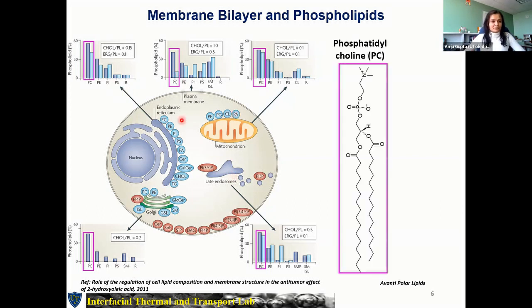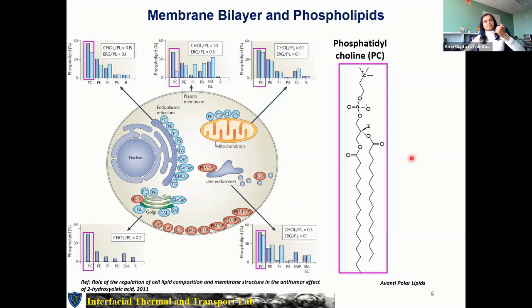Let's take a look at the plasma membrane. Based on this bar graph, the plasma membrane comprises PC. PC is phosphatidylcholine lipid. And if you look at the bar charts throughout this slide, you will see PC is present in abundance in almost all the membranes.